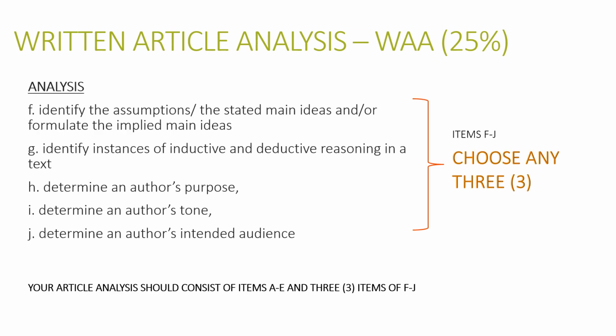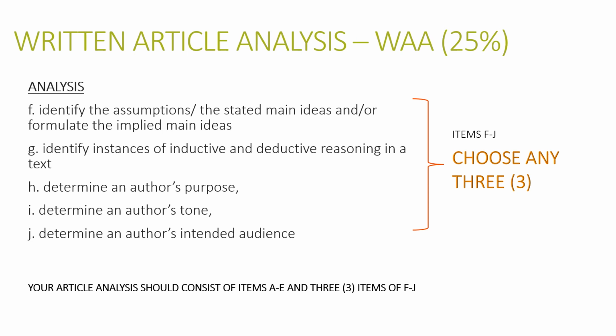From items F until J, there are 5 items. You are to choose only 3. I repeat, you are to choose only 3. So all in all, we have 5 compulsory items plus another 3 out of 5.